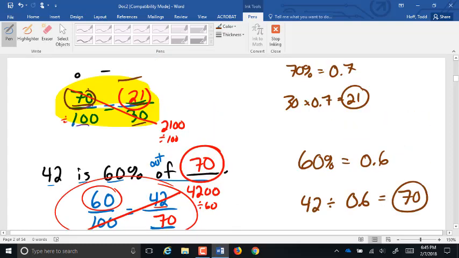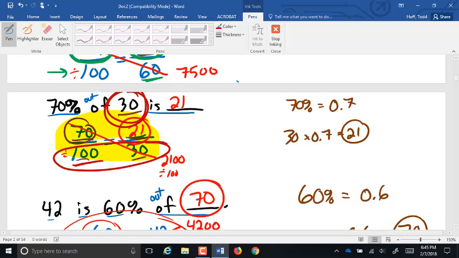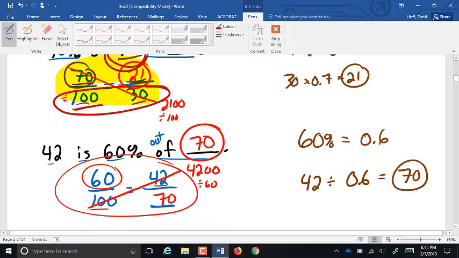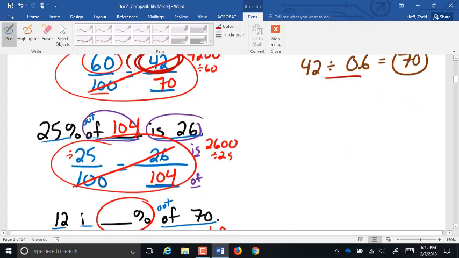The reason is up here, what we were given was the whole amount, the number that matches up with 100%. That's the number that the percent is based off of. So we just multiply by that rate. Down here, what we are given, 42, is that portion, that piece that we're focusing in on. So to get back to that base amount, we have to divide.